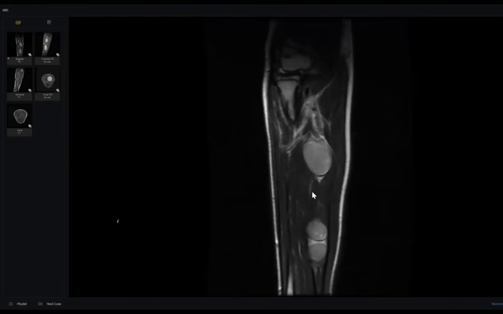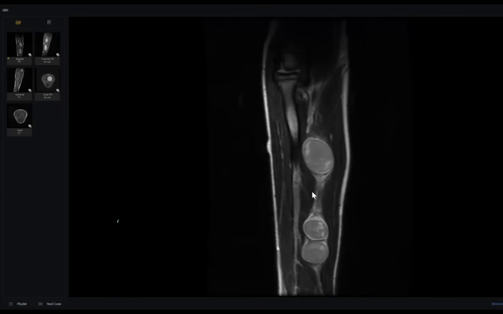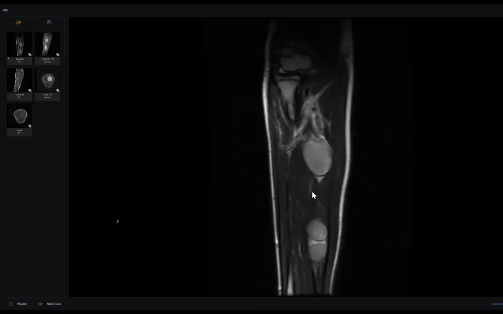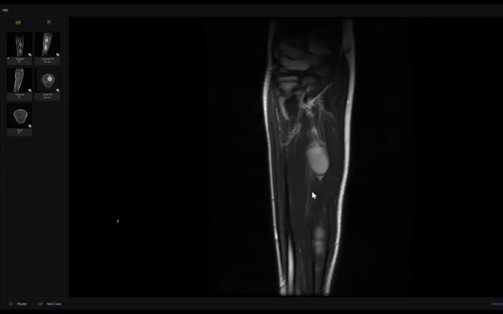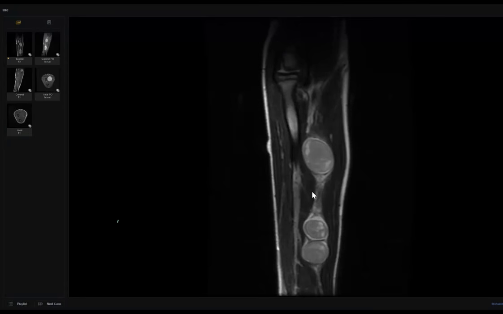The lesions have well-defined margins and appear predominantly iso to hyperintense, in the form of a chain along the neurovascular bundle within the intermuscular septa.